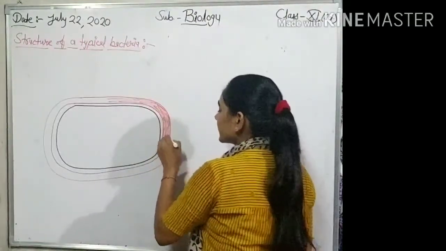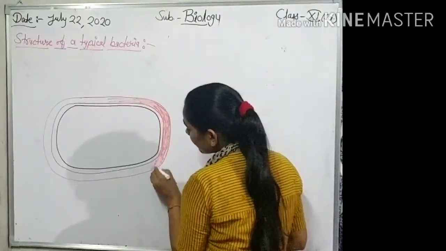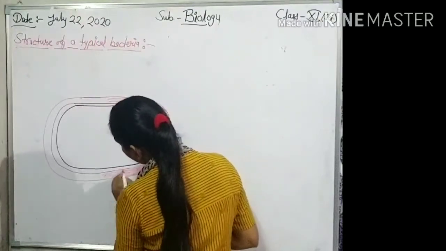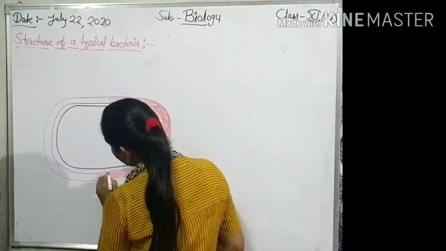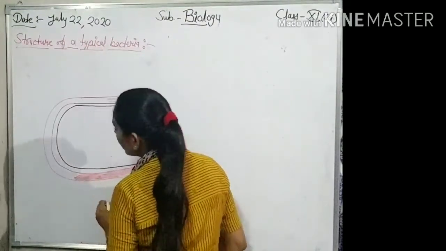A thick layer surrounding the cell membrane is known as cell wall. It is a rigid, non-elastic and protective layer.